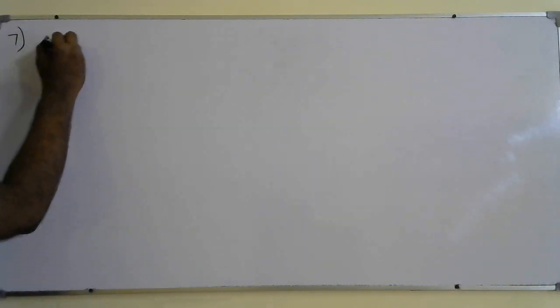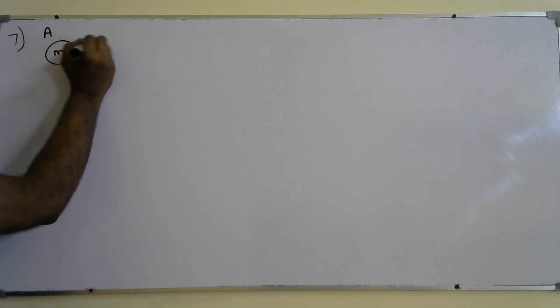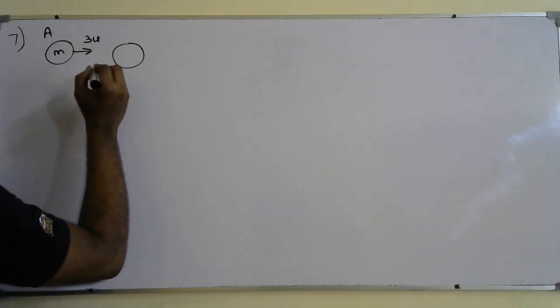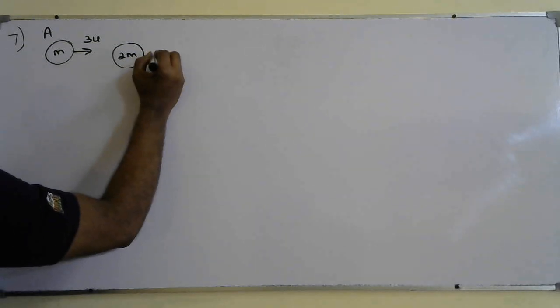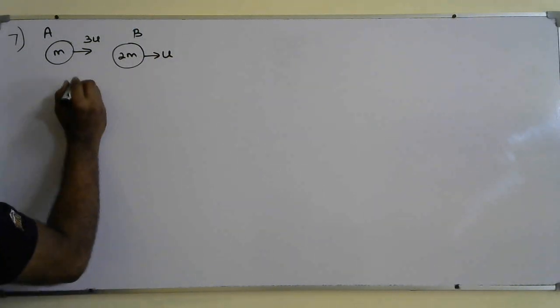So A is mass m moving at a speed 3u. B in the same direction they are moving, 2m, u. This is B before collision.